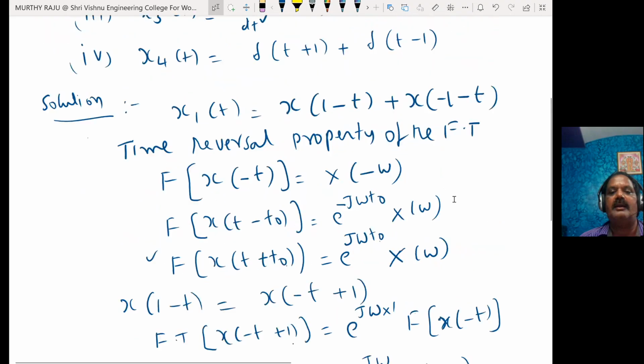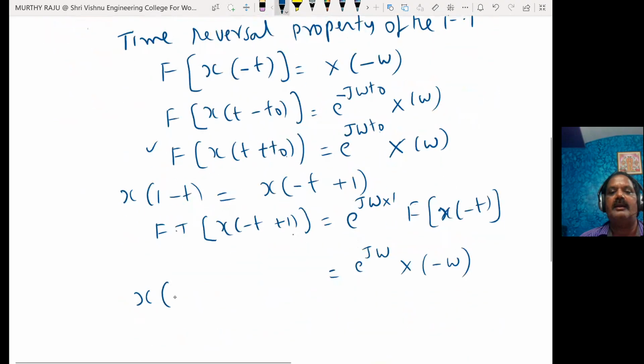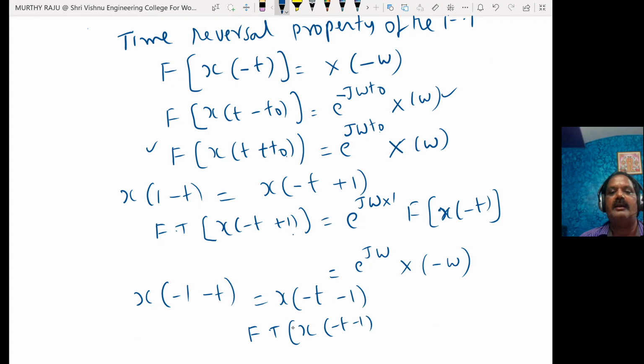Next one is x of minus 1 minus t. For x of minus t minus 1, apply this property. Therefore, Fourier transform of x of minus t minus 1 is equal to e power minus j omega.